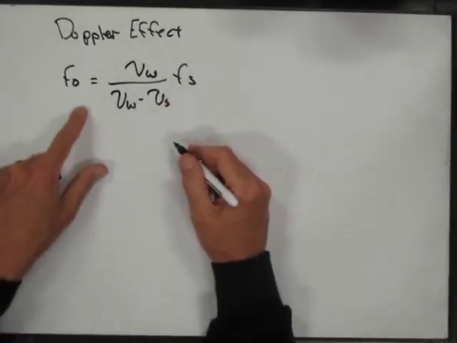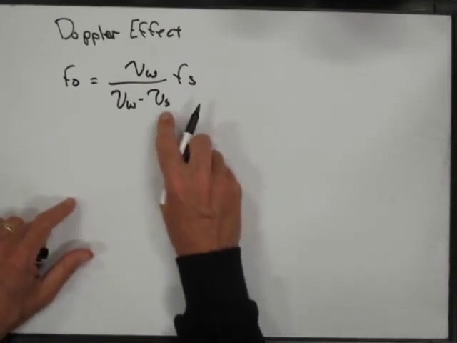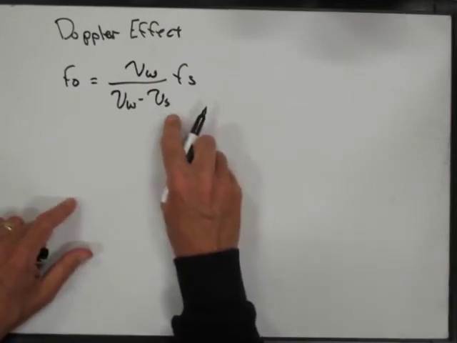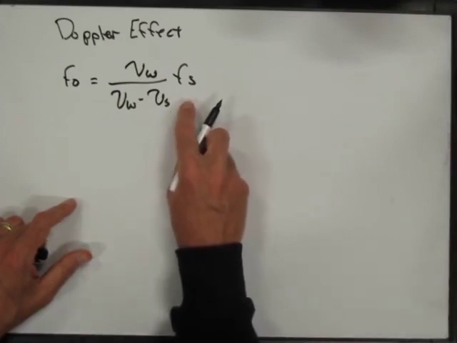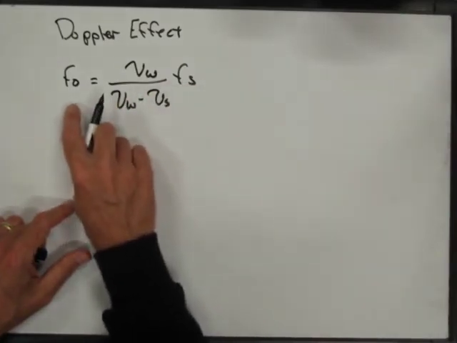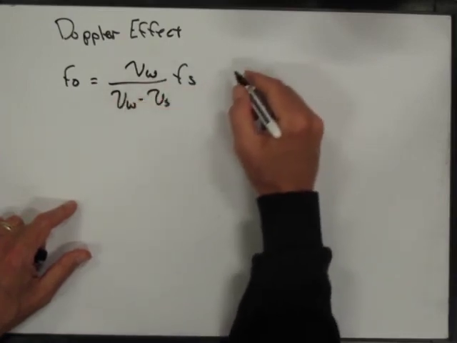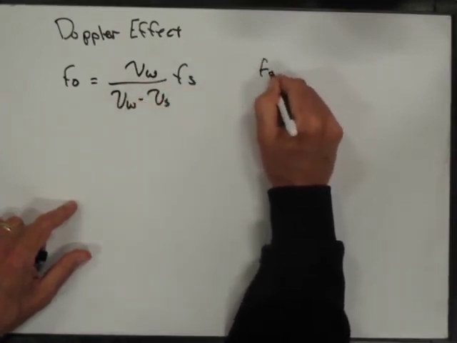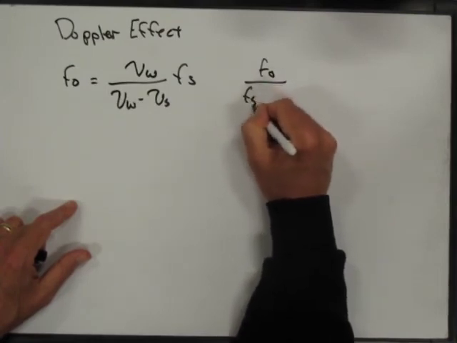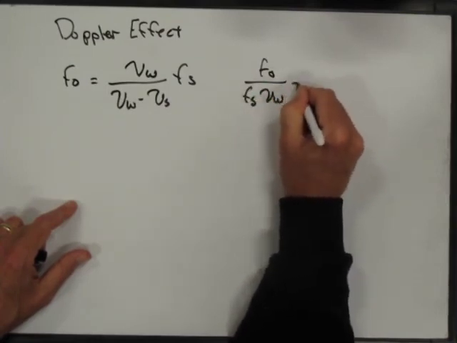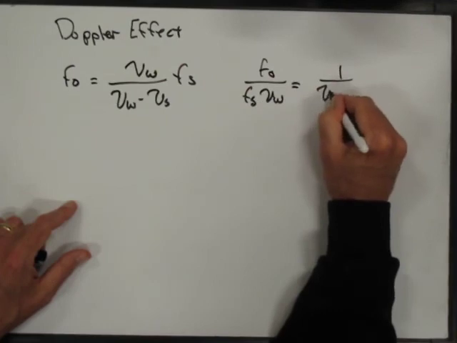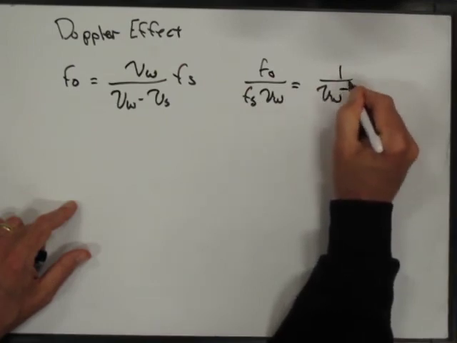Right? We could rearrange this equation and solve for the velocity of the source, and so it's a little tricky, but you kind of do it this way. You say, well, I'm going to move the frequency of the source to the other side and the velocity of the wave to the other side, and so I'll get frequency observed over the frequency of the source times the velocity of the wave equals 1 over the velocity of the wave minus the velocity of the source.